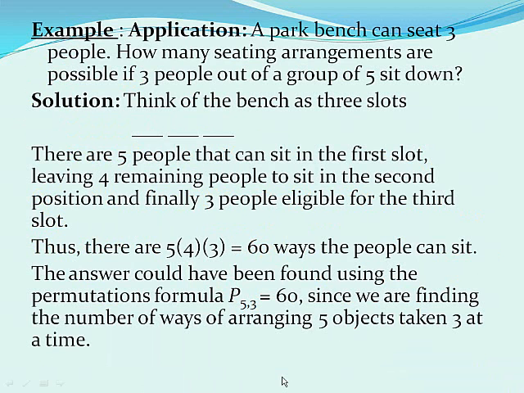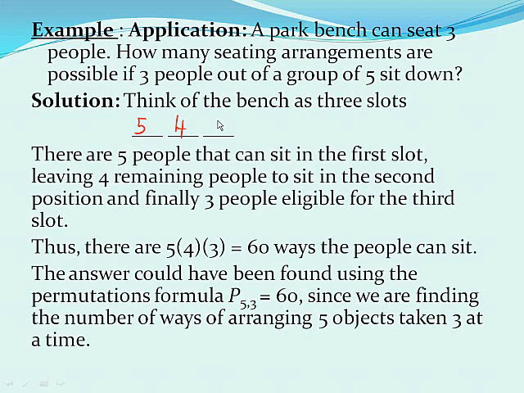It's an application problem. A park bench can seat 3 people. How many seating arrangements are possible if 3 people out of a group of 5 sit down? Think of the bench as 3 slots. So we have 5 people who need to be seated. So the 5 possibilities will be here. Then we have 4 remaining. So any of the 4 can be seated next.